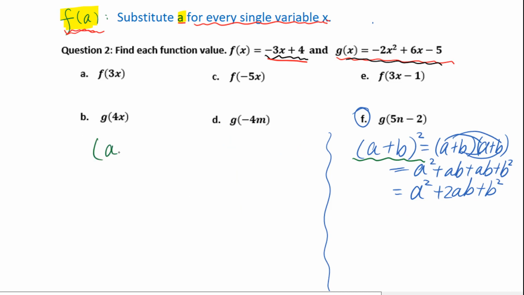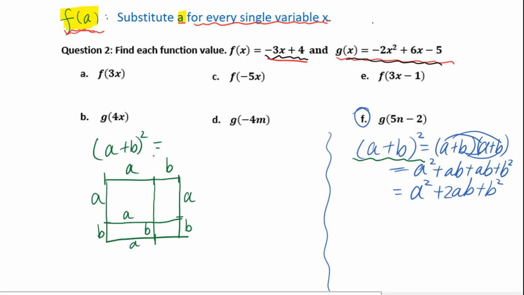Think about a plus b squared as the area of a square. This is a, this is b. A plus b squared means the area of a square with a plus b as the side. Then this part will be a squared, and this area will be b squared.